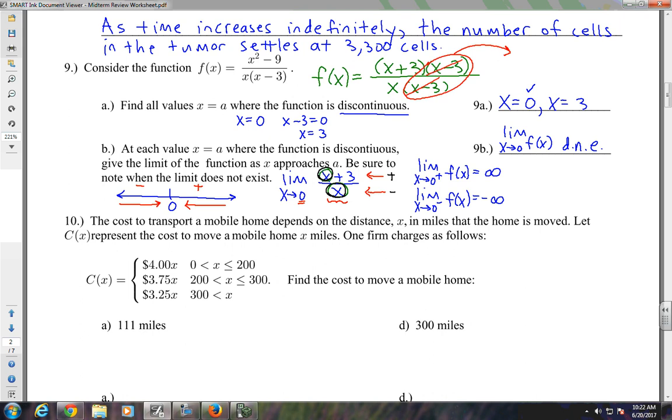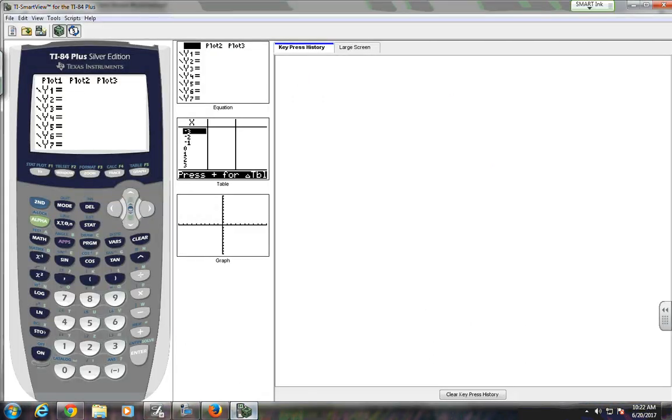Now that was a hard concept, so let me give you a visual to help you to digest all that information. Let's go to our graphing calculator and type in y equals, and we'll enter our function. So I'm going to include the numerator in parentheses so that the calculator applies the correct order of operations.